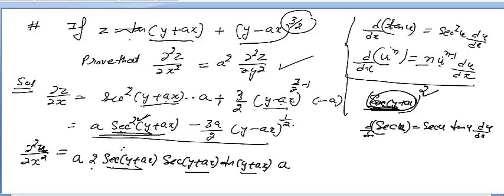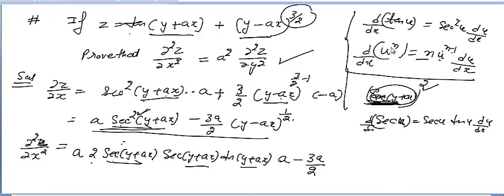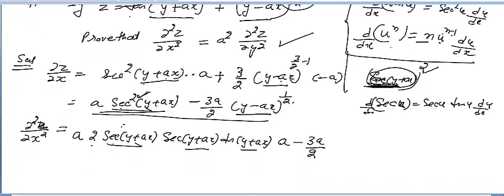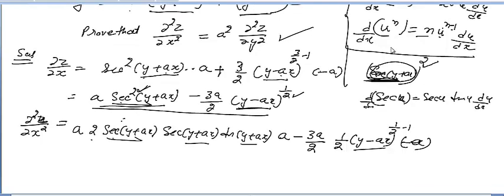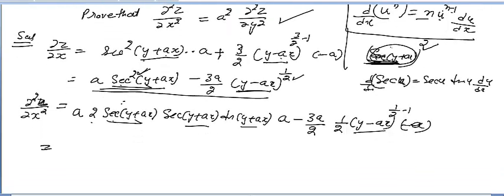Now minus 3a by 2 is a constant outside. So the derivative of this: 1 by 2 u raised to power n, 1 by 2 here, u raised to power n minus 1, and derivative of u again. Derivative of y is 0, minus ax is minus a. Correct? So what you are getting here is 2a into a square.